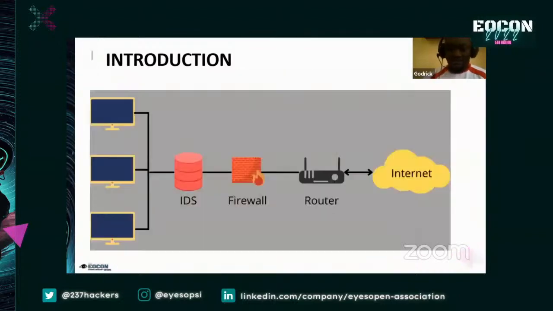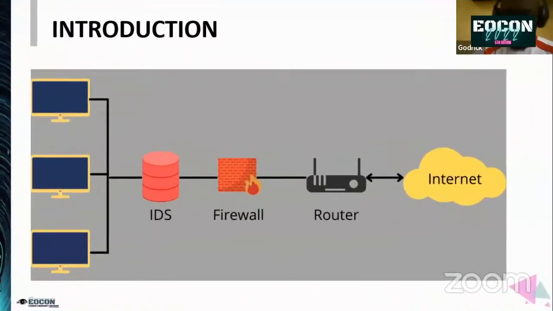In the network, coming from the internet, you have the router that merges two or more networks. Then you have the firewall before getting into the internal network, which decides which packets are allowed and which are denied.